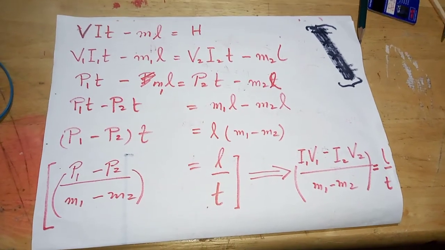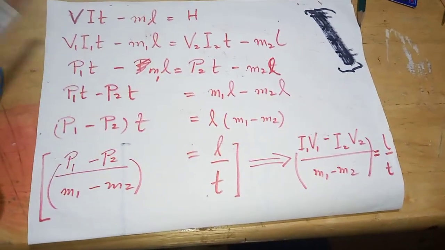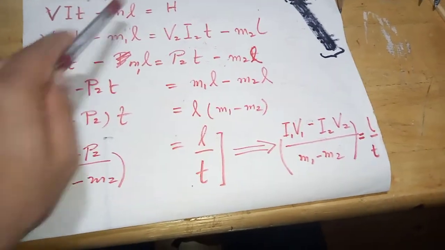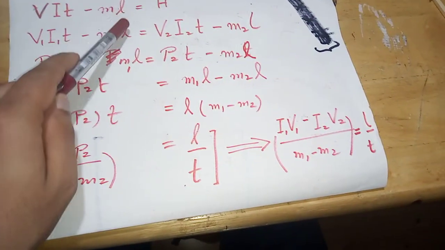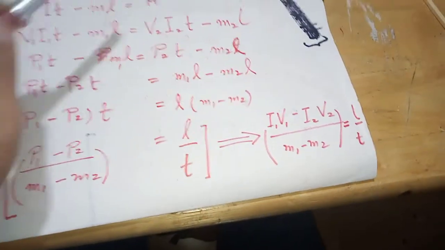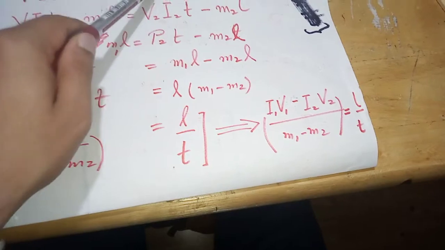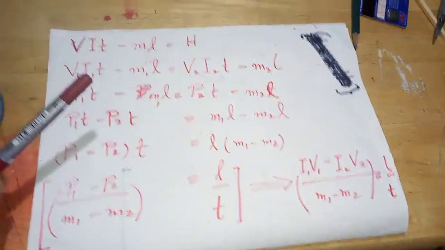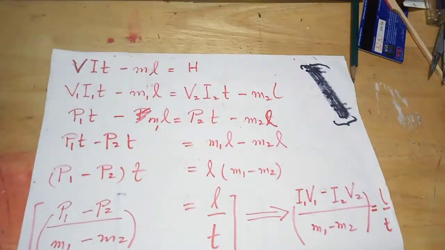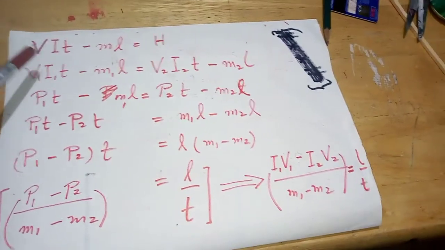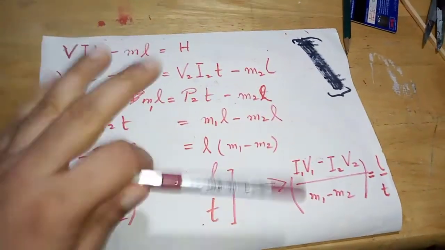I'd like to state that it's supposed to be IVT equals mL, subscript F or subscript V, but in addition to mL, there's a small heating component as well, and that heating component is defined as H. That is a reality, however, it's ignored in all equations.